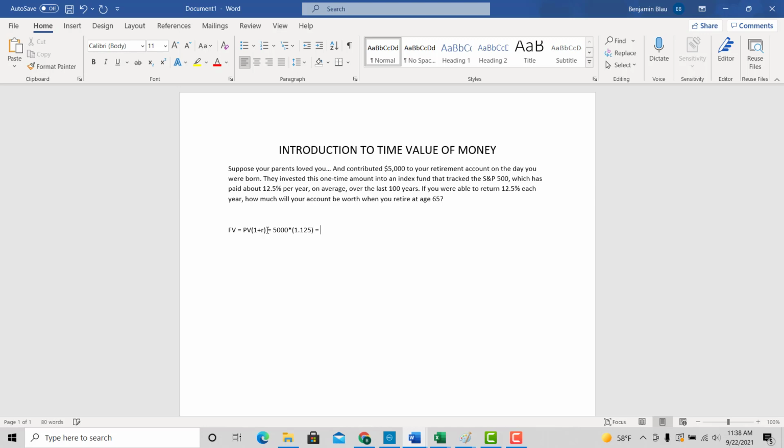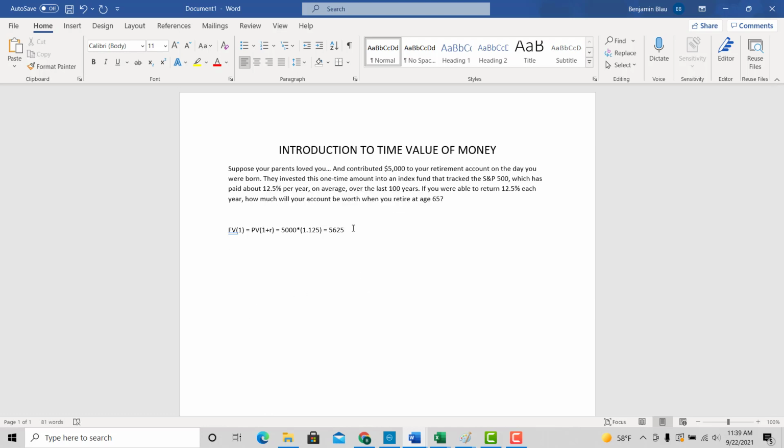If I do that, I get the $5,625 that we had in year one. So the future value of year one is equal to the present value times 1 plus r. That allows me to take the present value and multiply it by the rate of return, and then add back in the present value from the previous year. Does that make sense, how that formula works?